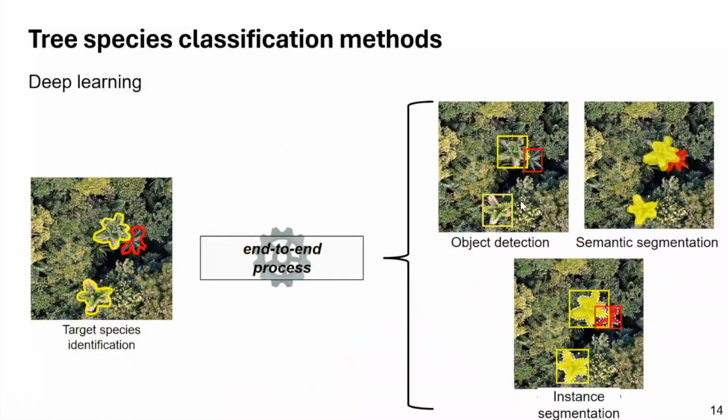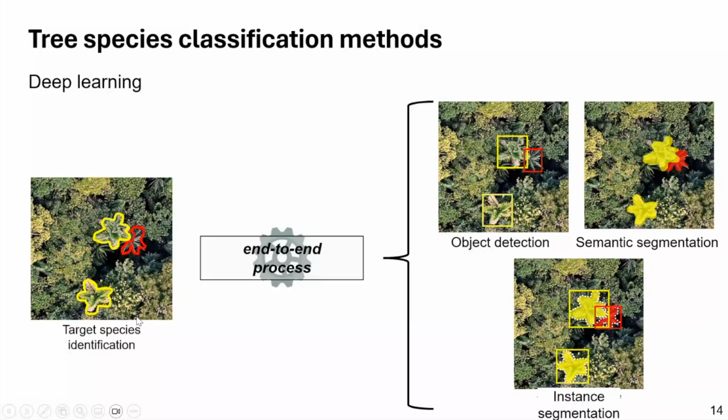But now we have experienced a high increase in classification accuracy using end-to-end processes, and deep learning is the main method here, particularly convolutional neural networks, which can be used to discriminate and to map tree species.